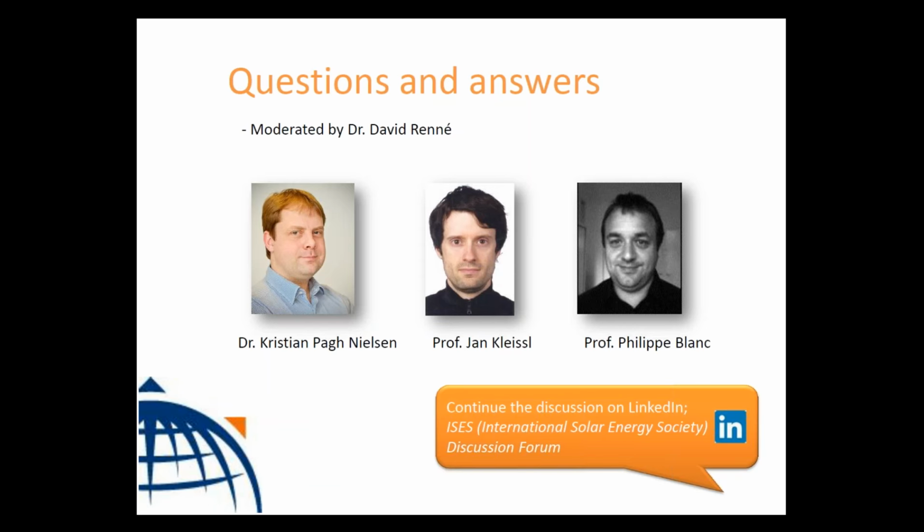So the first question is addressed to the first speaker, Kristian Pagh Nielsen, and he asks, can you please explain the clear sky index? Is it global horizontal irradiance at the surface divided by the global horizontal irradiance in clear sky? Is that correct?